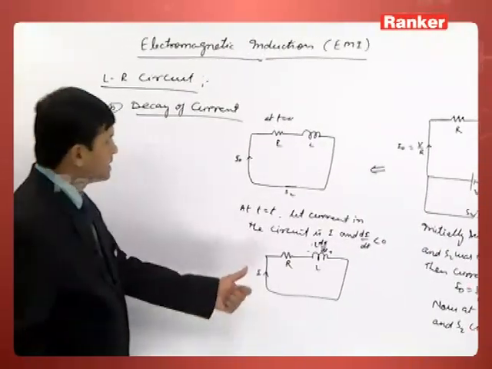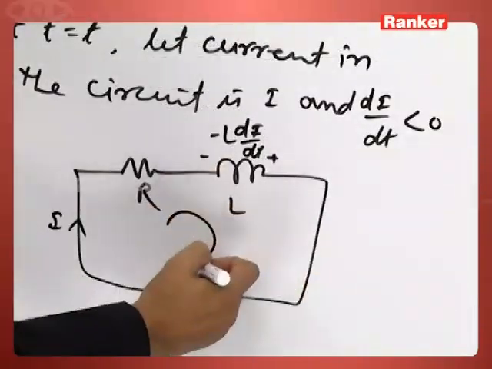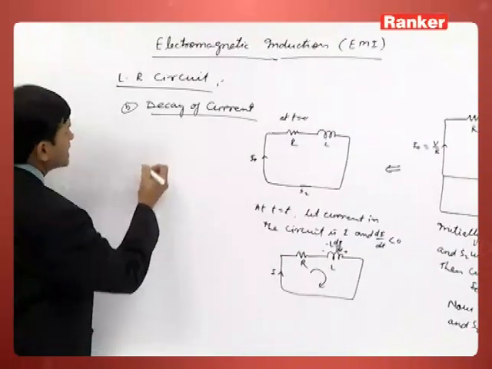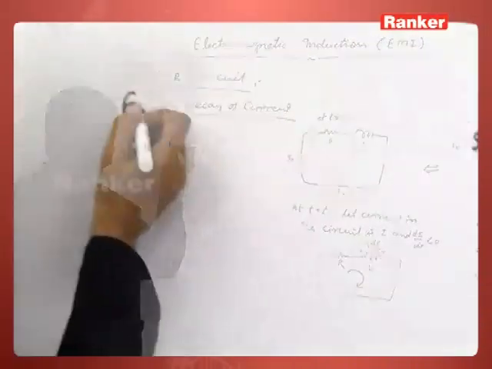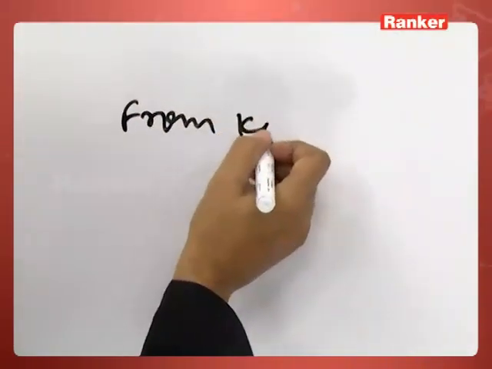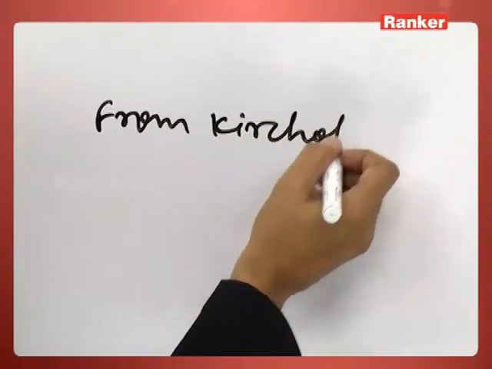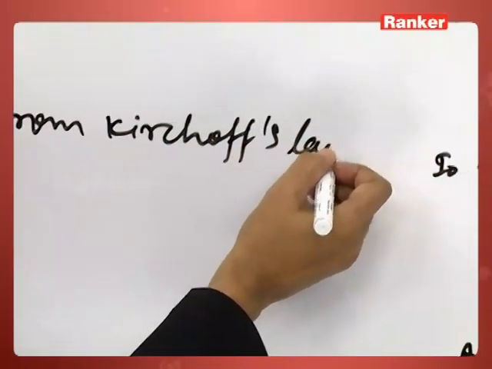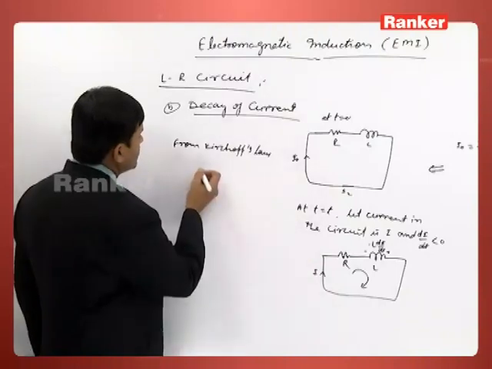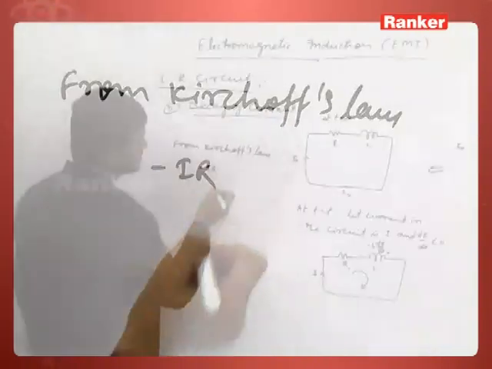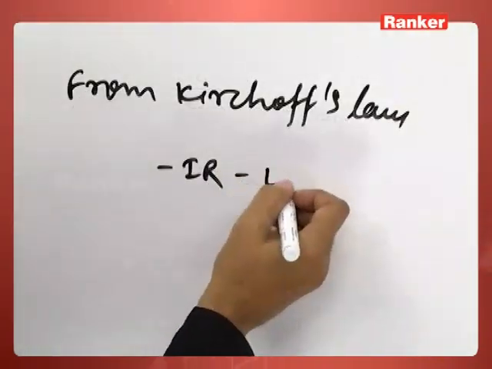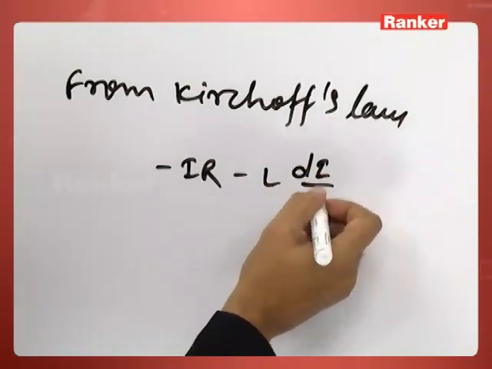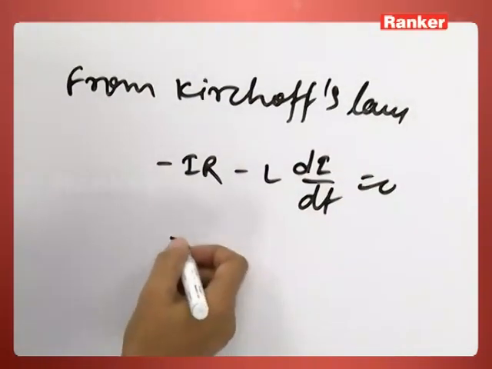Now we can apply Kirchhoff's law again. From Kirchhoff's law we have minus IR minus L di by dt equals 0.